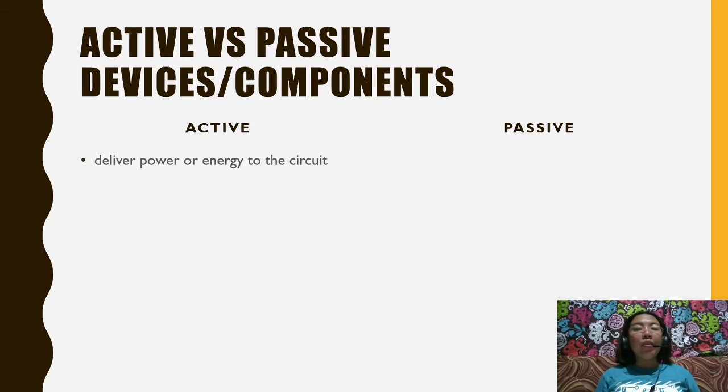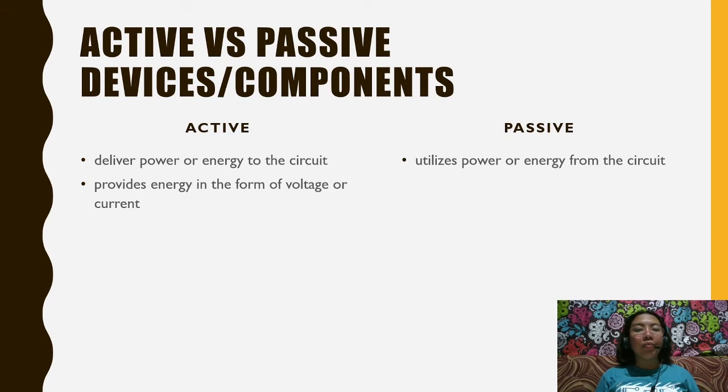An active device delivers power or energy to the circuit, while a passive device utilizes power or energy from the circuit. An active device provides energy in the form of voltage or current, while a passive device stores energy in the form of voltage or current.